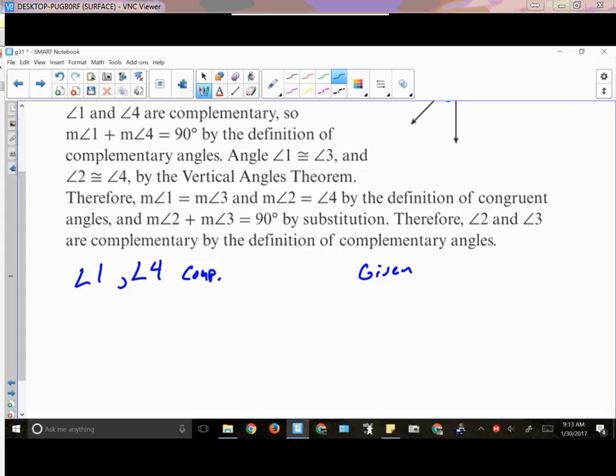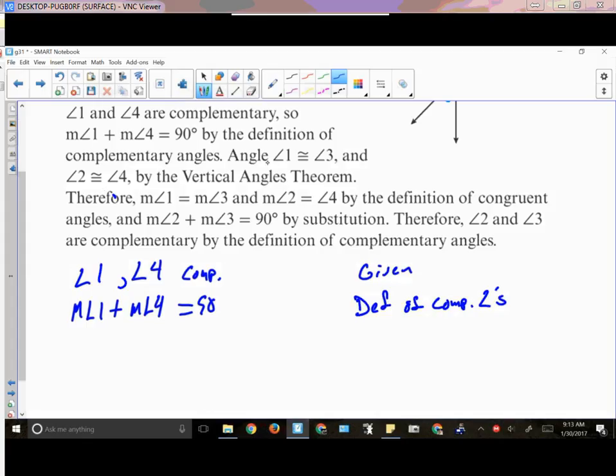So the measure of angle 1 plus the measure of angle 4 is equal to 90 degrees. Why do we know that? Because of the definition of complementary angles.